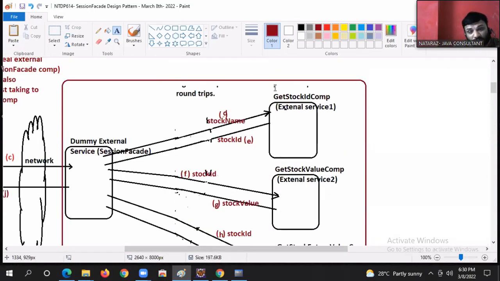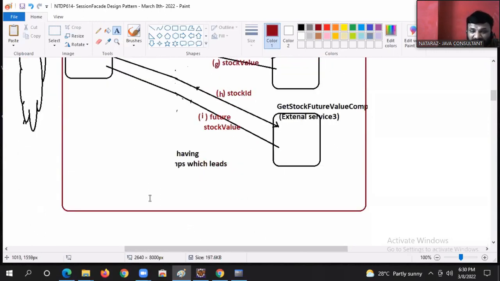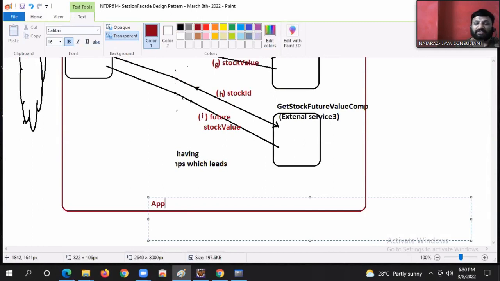But you have to assume that all the 3 components are related components. They are there in the same server. The dummy component is also there in the same server, right? Same environment.